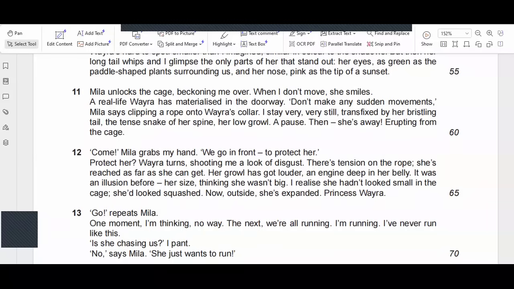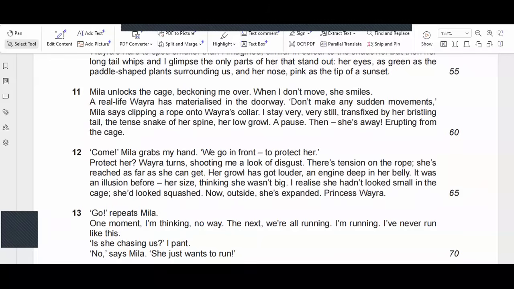So, as soon as Mila opens the enclosure and signals her to come closer, and when she hesitates, Mila smiles to encourage her. So the real Vira was now standing in the doorway, and Mila gave the instruction not to move very quickly. This was basically a warning, as she was attaching a rope to Vira's collar.